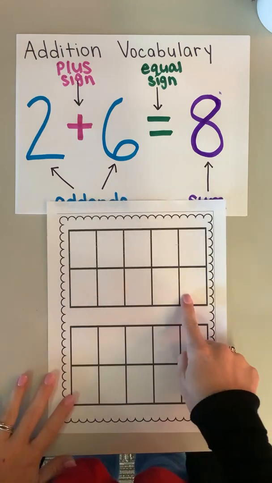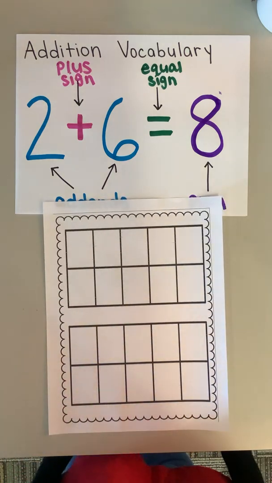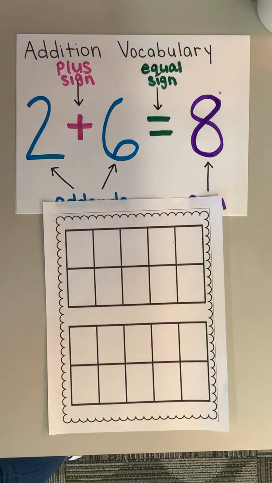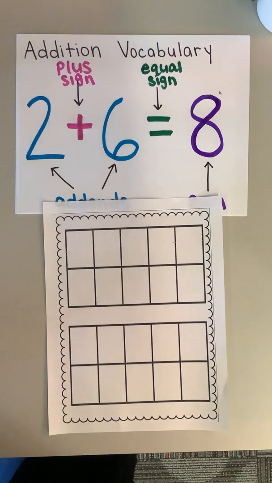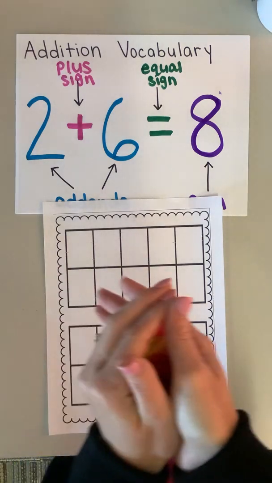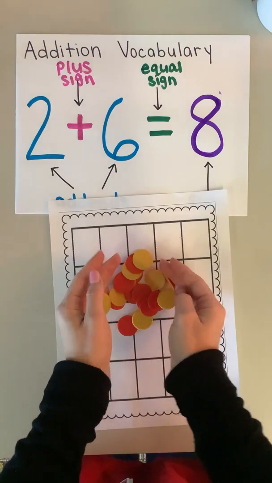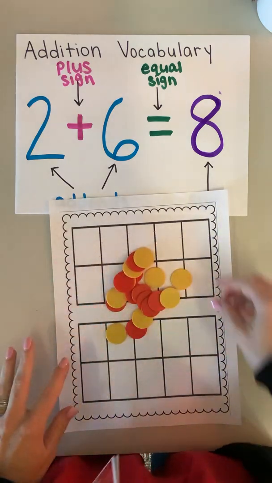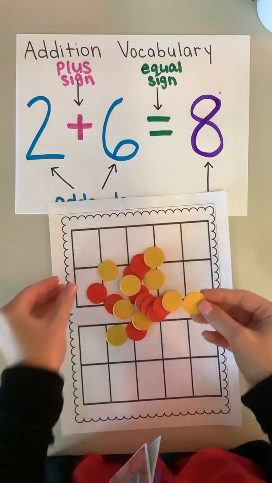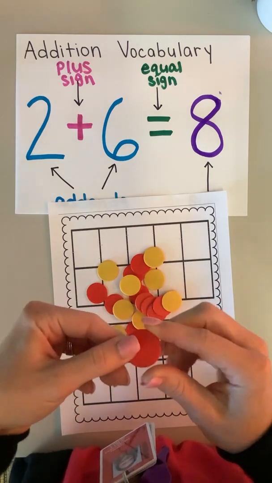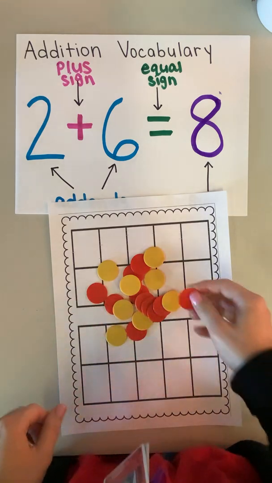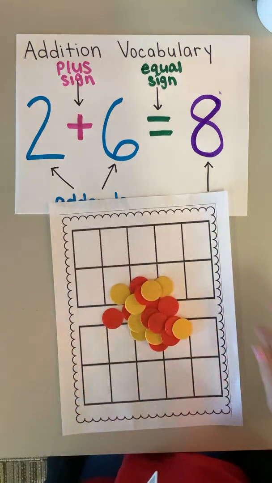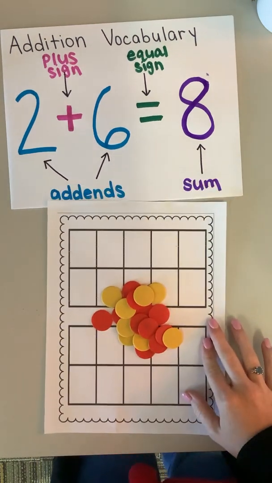It has 1 tens frame, 2 tens frames. The second thing you should have that your designer gave you is 20 double-sided counters. There should be 20 of these, and on one side should be yellow and on the other side should be red. We are going to be using these today in our lesson and for our activity.